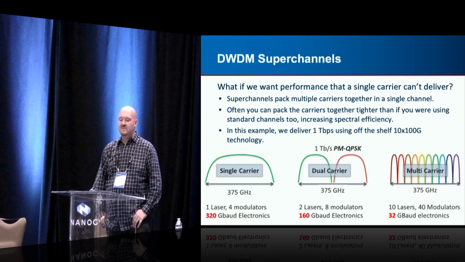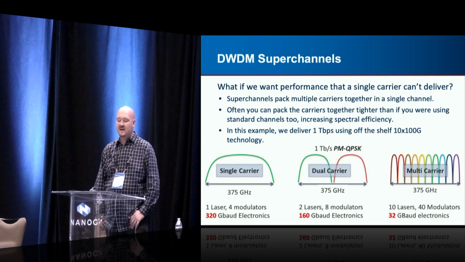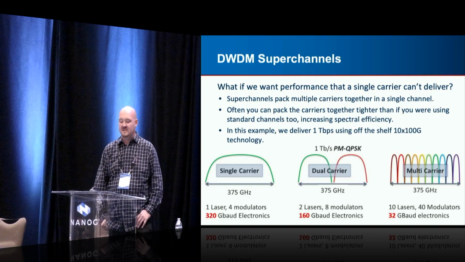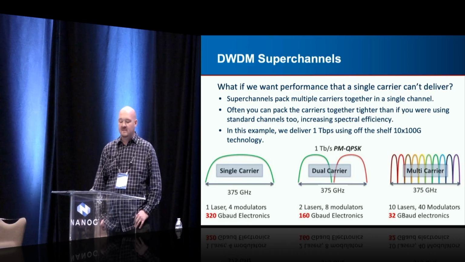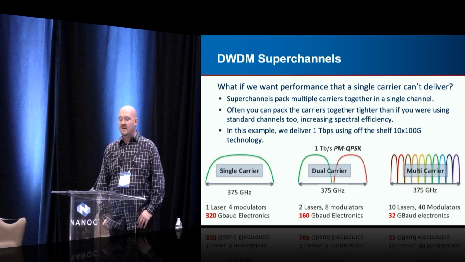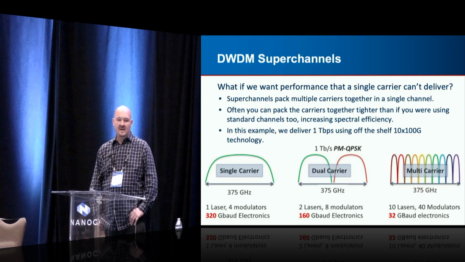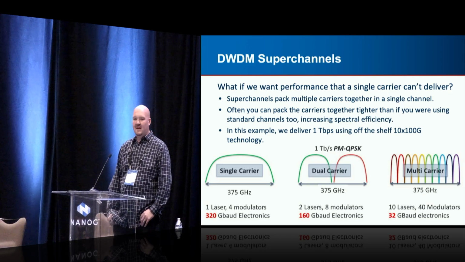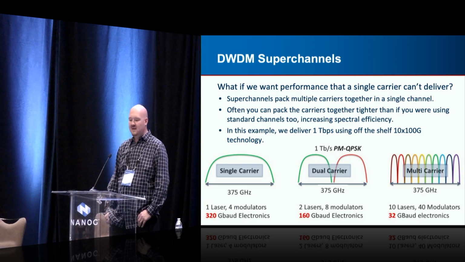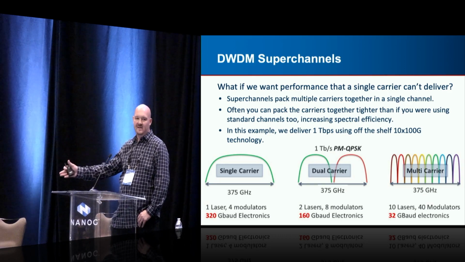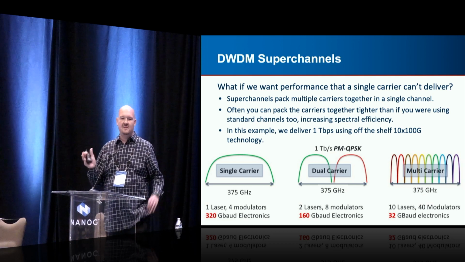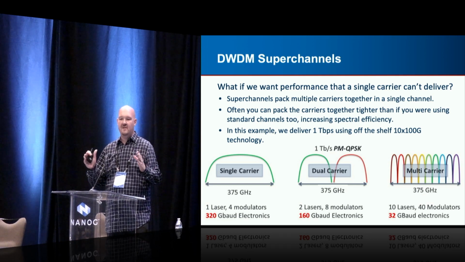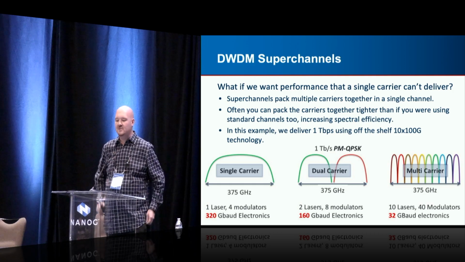You could do it in 2 different carriers. You could do it as 2 different 160 gigabaud systems, or you could do it as 10 different carriers. So something that we absolutely have off the shelf that's been around for many years is 10 by 100. But what'll happen is you'll take those 10 different 100 gig carriers and you'll cram them together into a super channel.